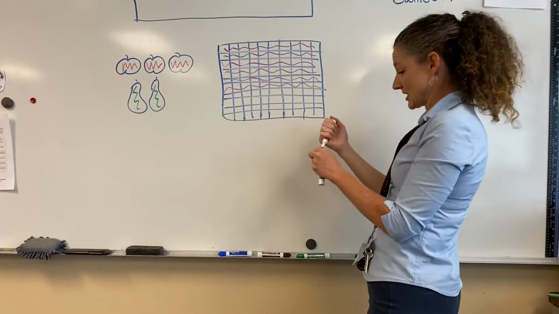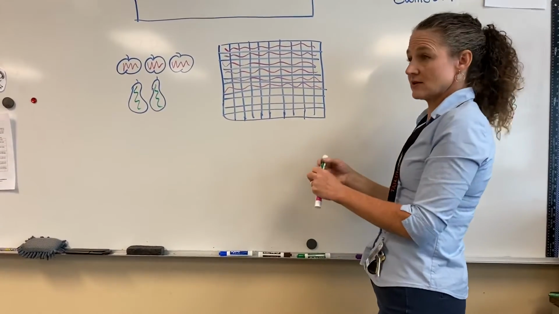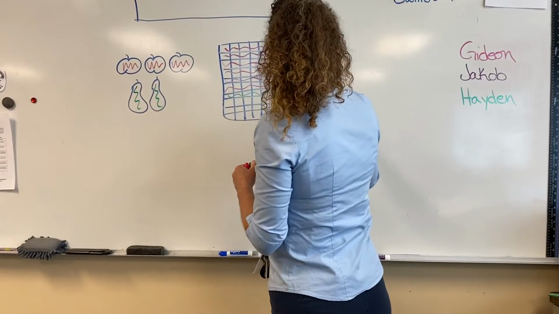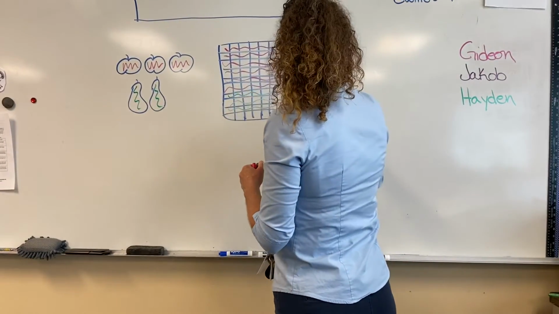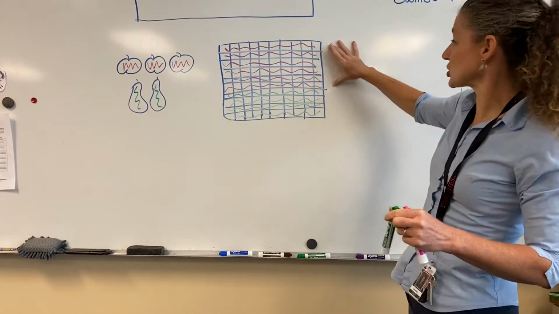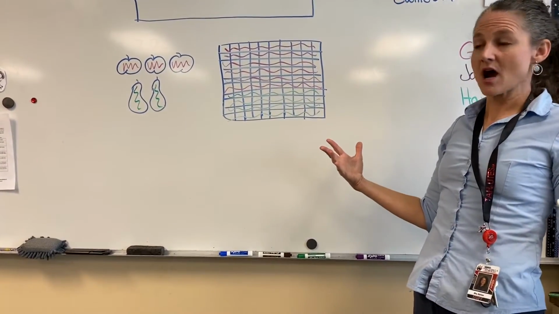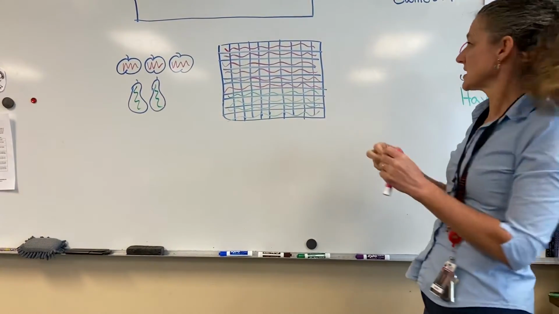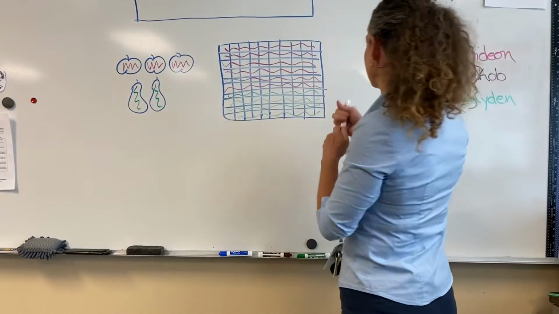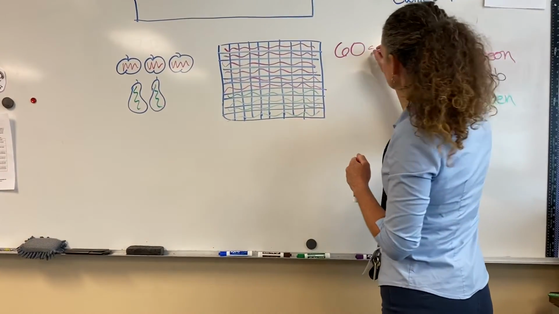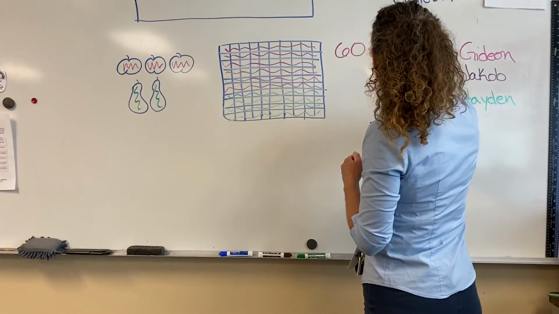How many of these lines are going to be pears? 4, because 2 times 4, because I need to get to 10, right? Now, how many of these squares are apples? 60 squares are apples. So what percent is apples? 60.